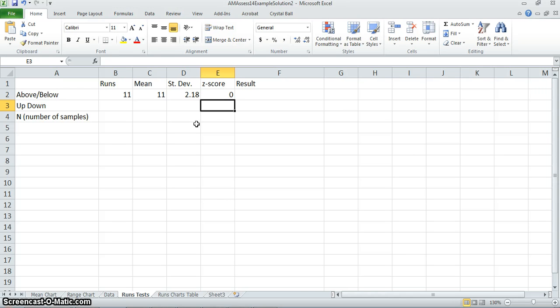But this will clearly not always happen. This runs test will be the same whether we're doing a mean chart, a range chart, a p-control chart, or a c-control chart. The same runs test can be performed on all types of control charts. The thing we have to keep in mind is that the mean and standard deviation will change with the number of samples.